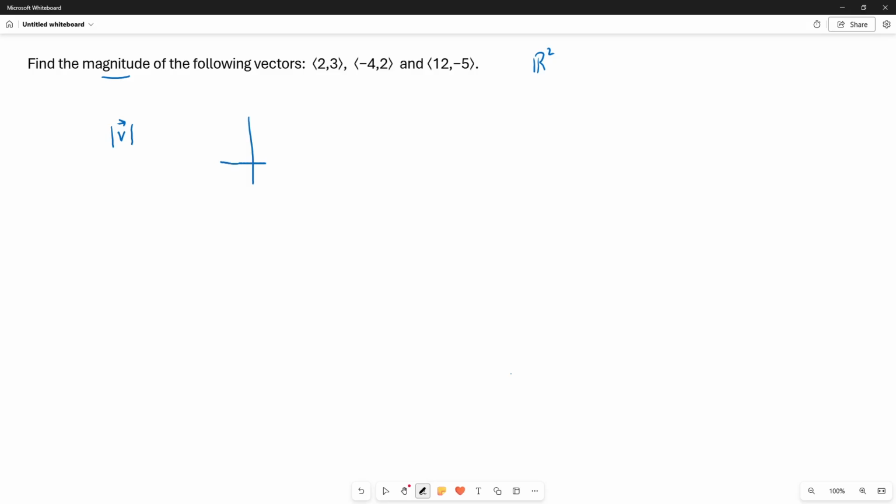And to find the formula for the magnitude of a vector, suppose we have a vector v here in standard position, so starting at the origin, initial point at the origin, and terminal point at some (a, b), then we can make this right triangle here.